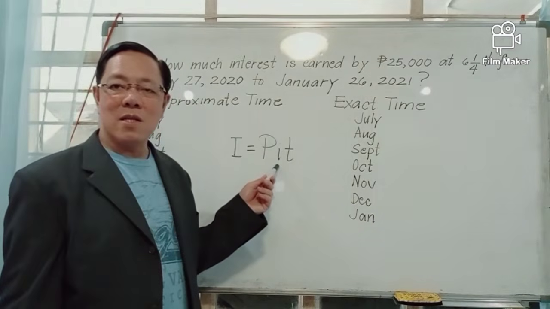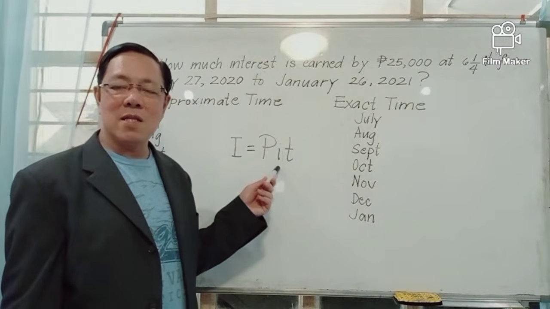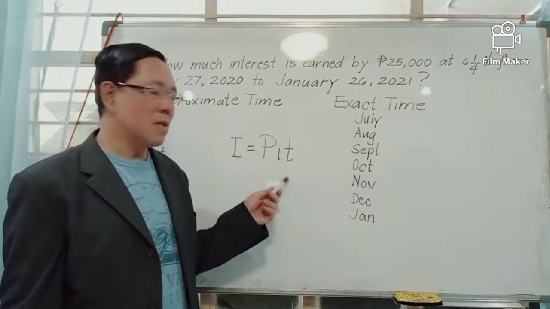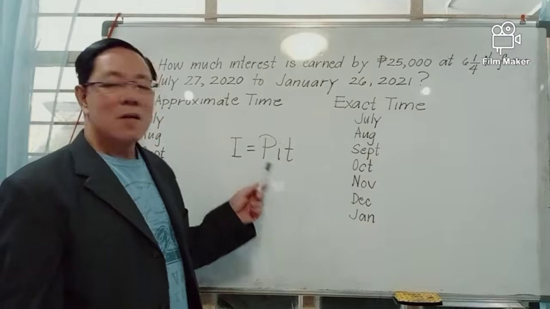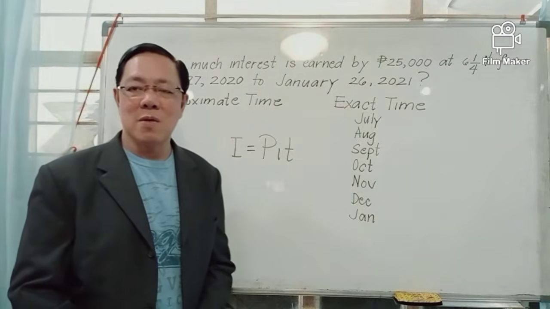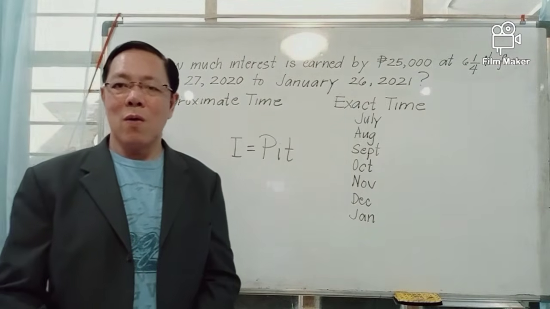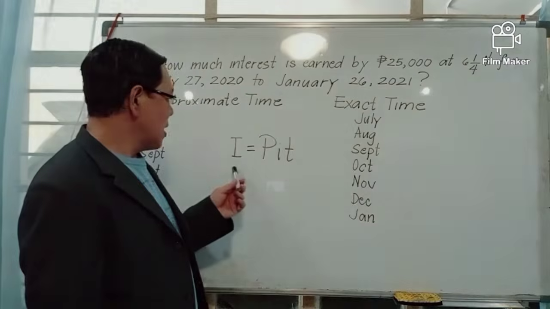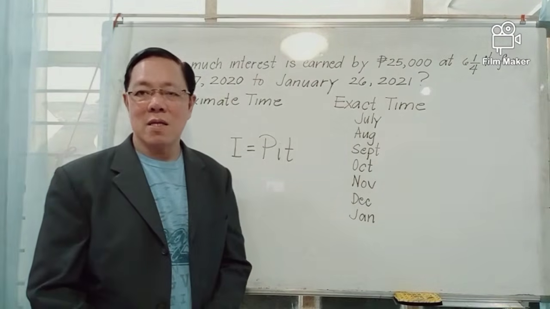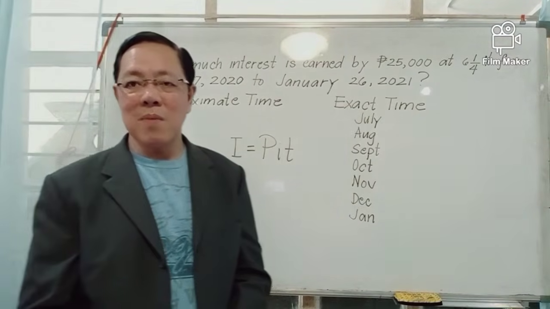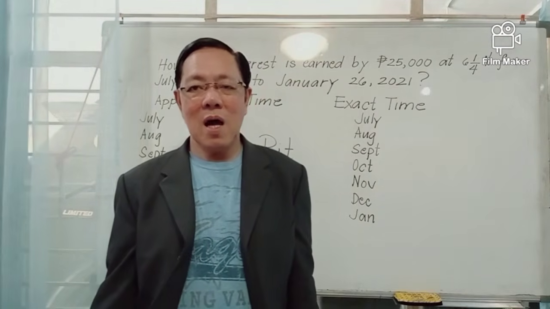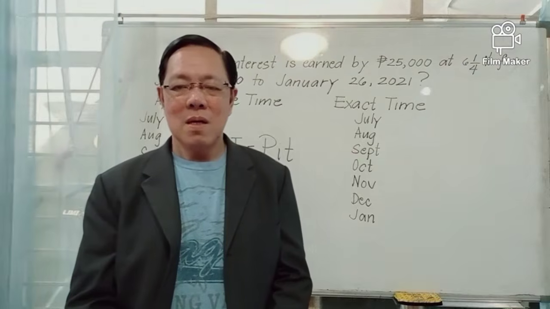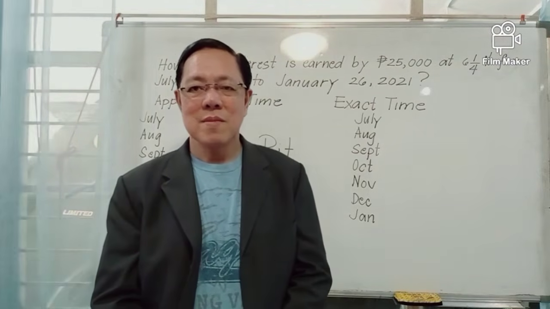And we said that in using this formula, the interest rate should be in decimal number and the time should be in years. We also said that principal is the original amount invested or borrowed. And the amount of interest capital I can be interpreted as the payment for the use of someone else's money or as an income from profitable investment.